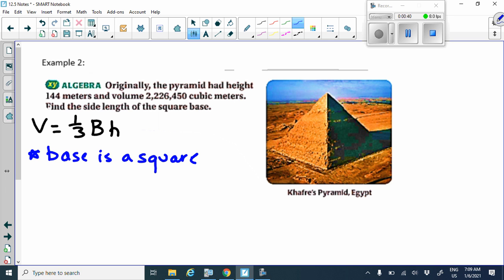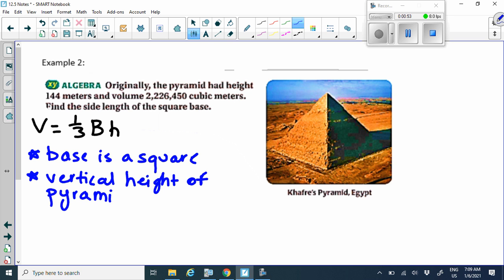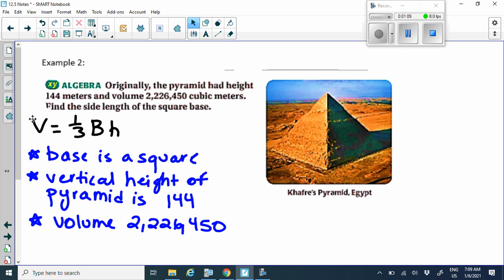And then they also told us that the vertical height of our pyramid is 144. And then they lastly told us that the volume is 2,226,450. Okay, and then we basically are finding the side lengths of our base.